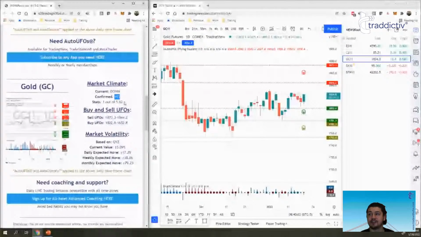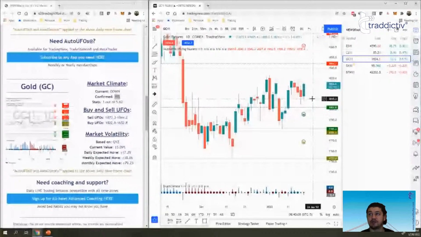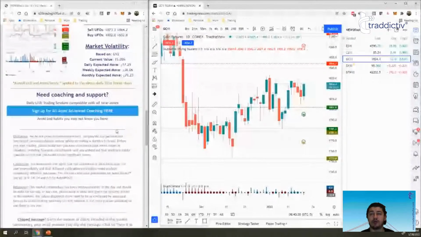Maybe it did get unconfirmed because we had this pretty substantial pop in gold. 1873.3 to 1844.2 is the sell UFO up above. 1802 to 1652.8, that's actually a typo. It's 1802 down to basically 1753 if you want to take both of these together, which I believe is what the intent was when this was sent.